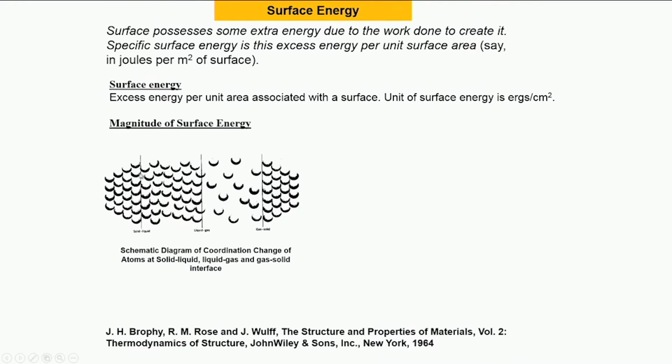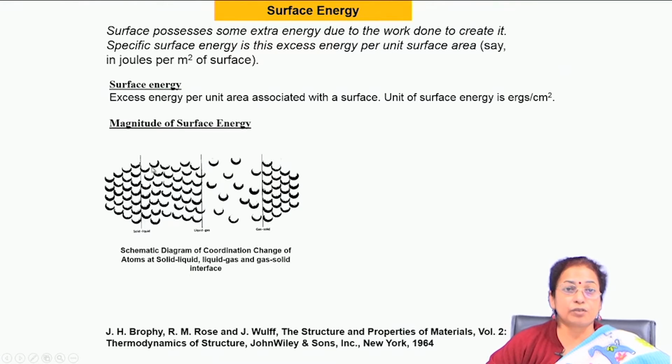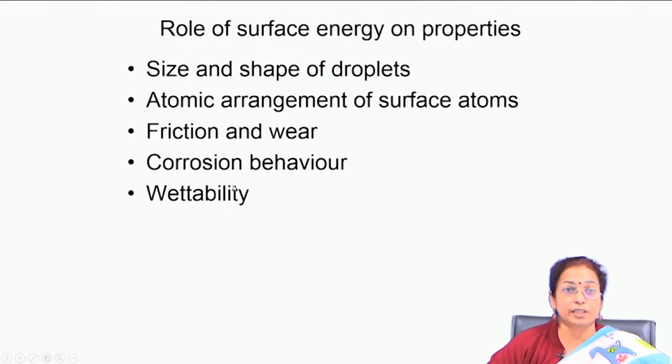For example, in FCC metals, if you create the surface along one plane, the coordination number is 9, and to create the solid-gas interface you have to break 3 bonds. Depending on the number of bonds broken, the surface energy varies.